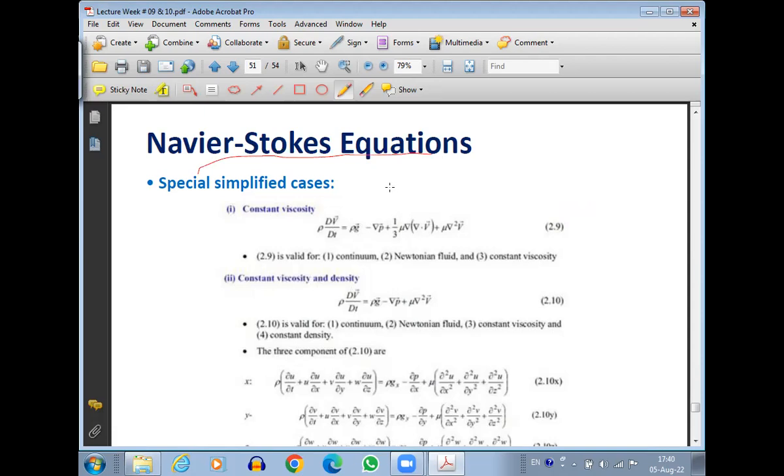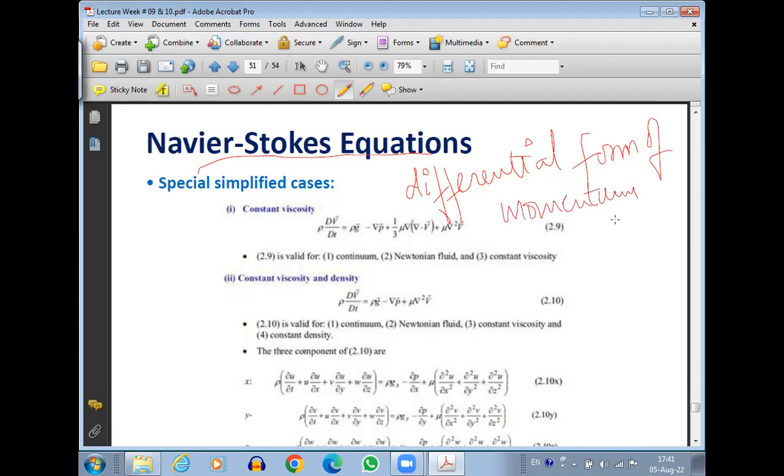The answer is that it is the differential form of the momentum equation.